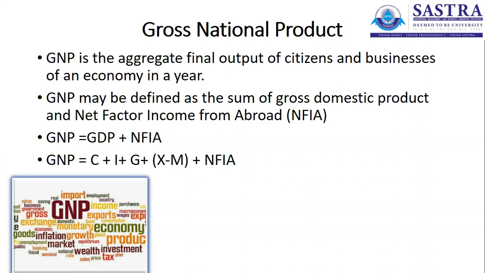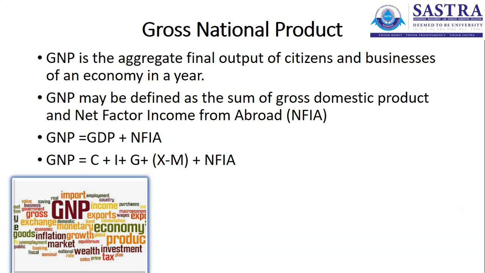The gross national product we can simply derive from the gross domestic product by adding the net factor income from abroad. Or we can expand this: the gross domestic product is further divided into C plus I plus G plus X minus M. You are all aware of the concept; it calculates the total expenses in a particular country for a given period of time.